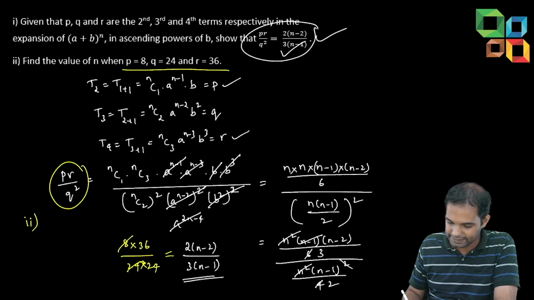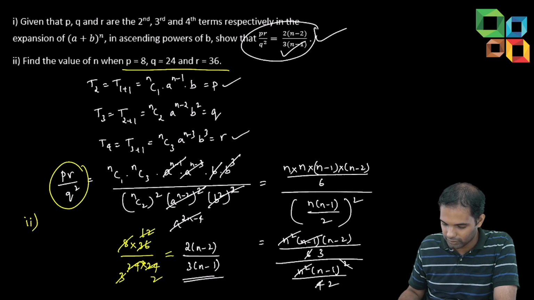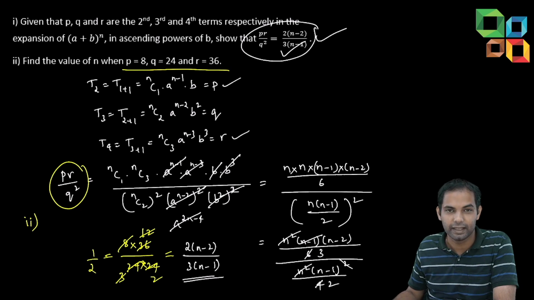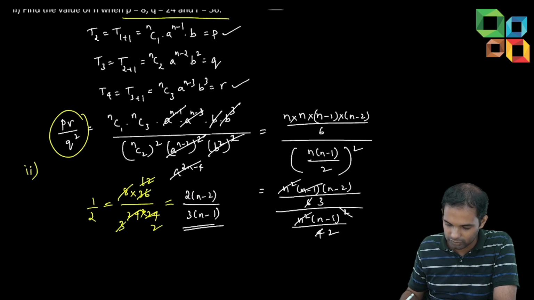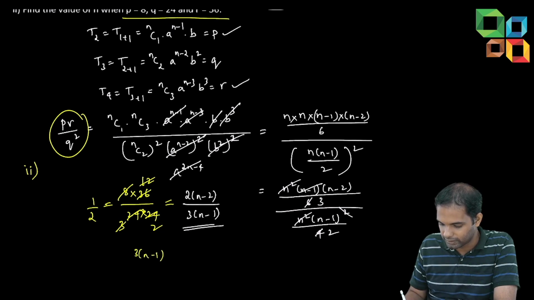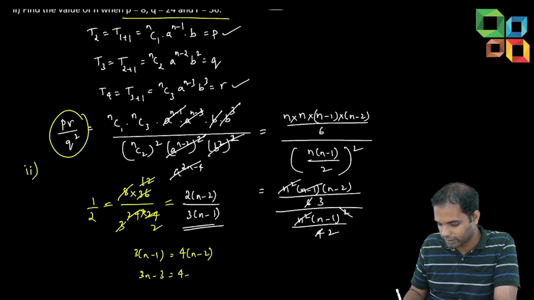So 8 3s are 24, 3 12s are 36, 12 2s are 24. So the left side is equal to the right hand side, which is half. So just cross multiply and simplify. 3 into n minus 1 is equal to 4 into n minus 2, or 3n minus 3 is equal to 4n minus 8.